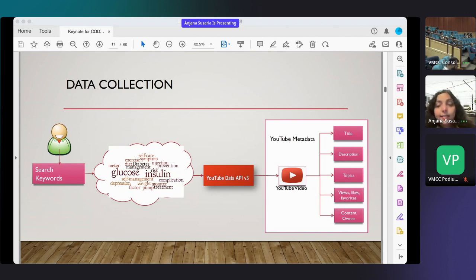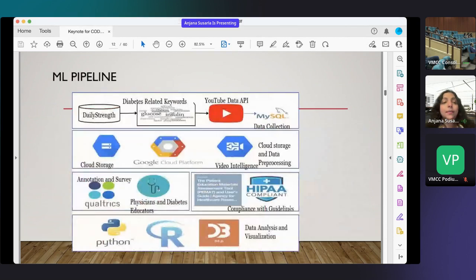I'll explain that next. We used a bidirectional long short term memory based method to quantify the themes. So our machine learning pipeline is a little bit like this. We use Google Cloud storage and data processing platform to get video level intelligence.